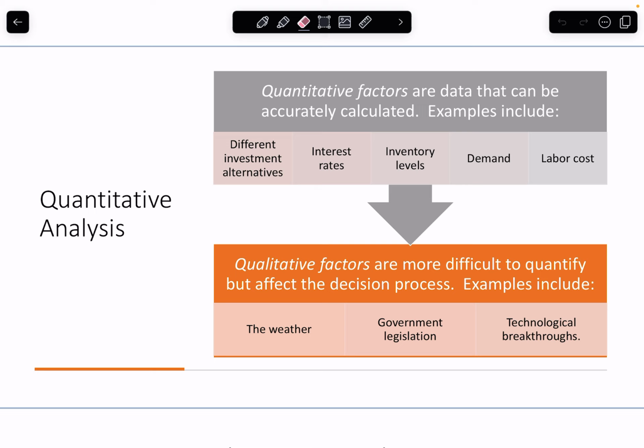How many resources do I have to produce product A over product B? Using the principles of quantitative analysis, we'll arrive at a decision that could optimize the profit, given my inventory level.